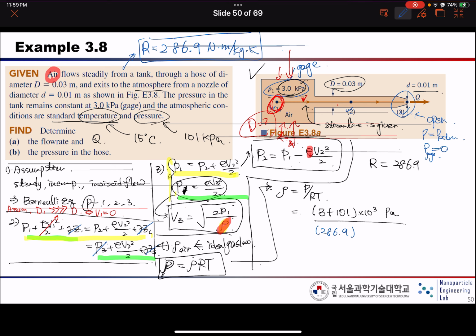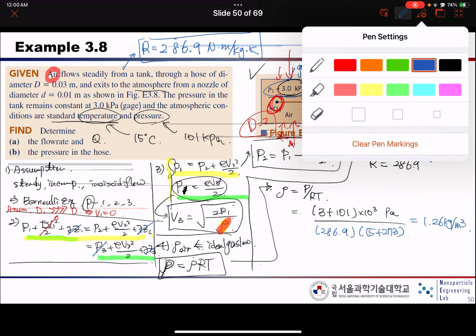And the temperature is 15 plus 273. So the result is 1.26 kilogram per cubic meter. Okay, so this is our density.